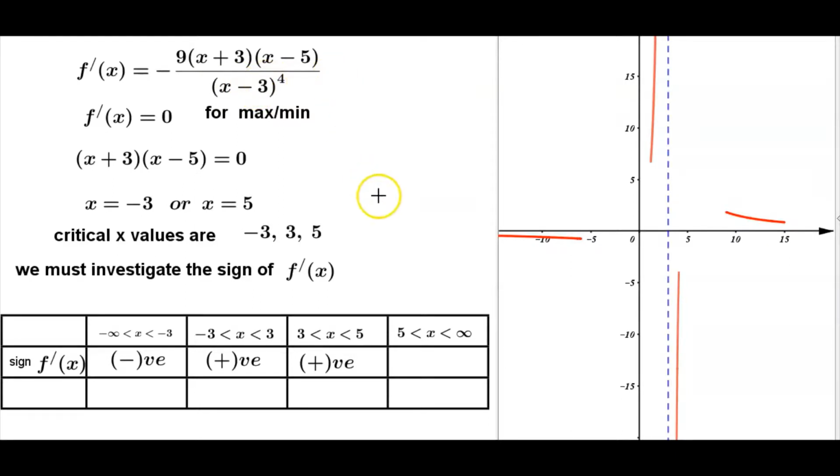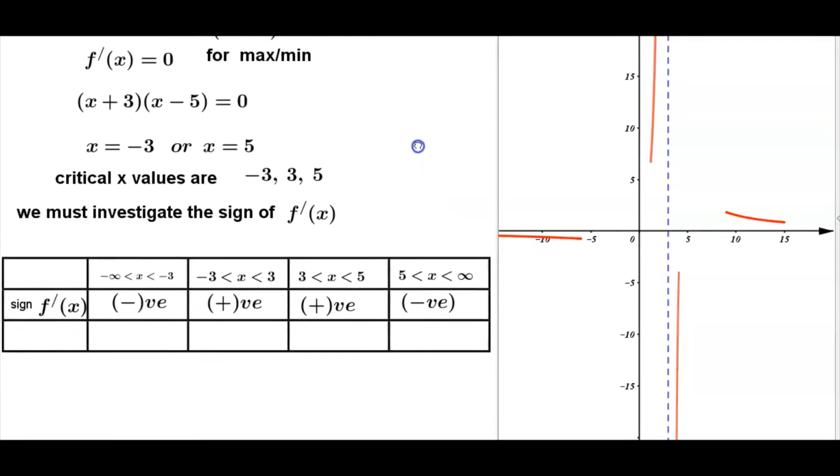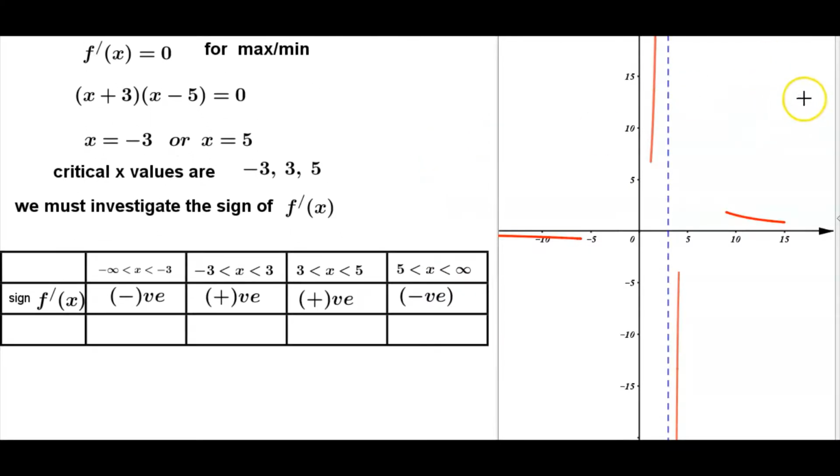Therefore, negative divided by positive, therefore here that is negative. So negative means the derivative of f(x) is negative. Therefore, the function f is decreasing.